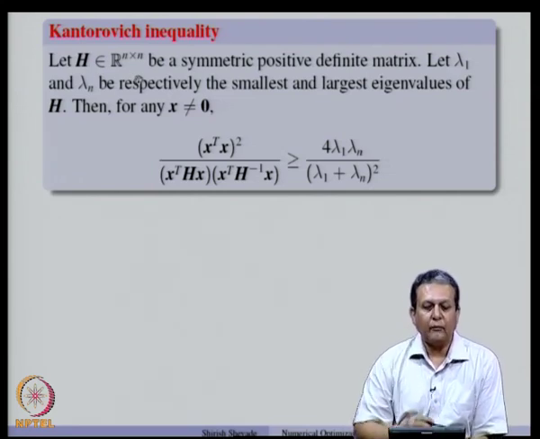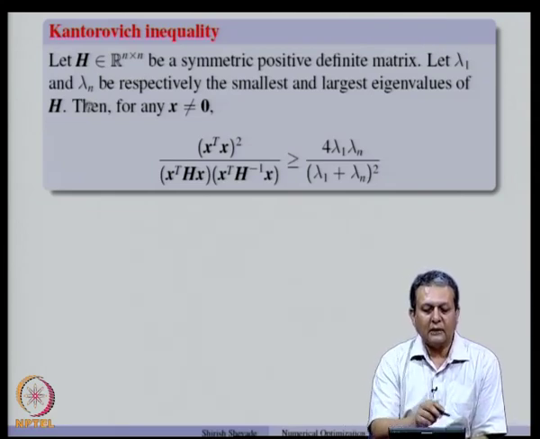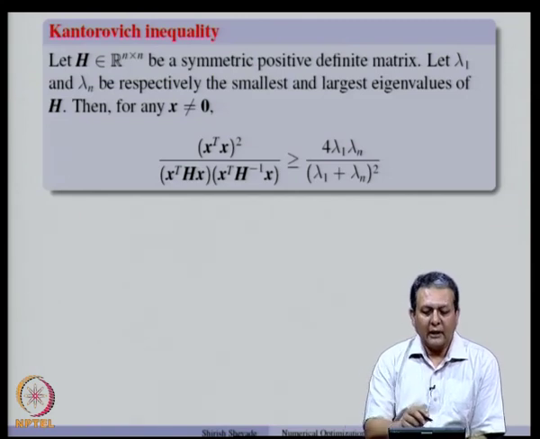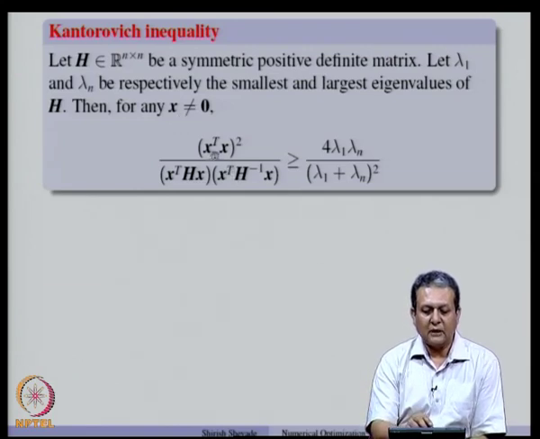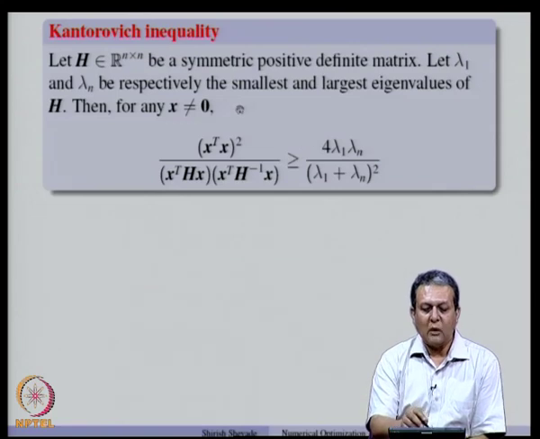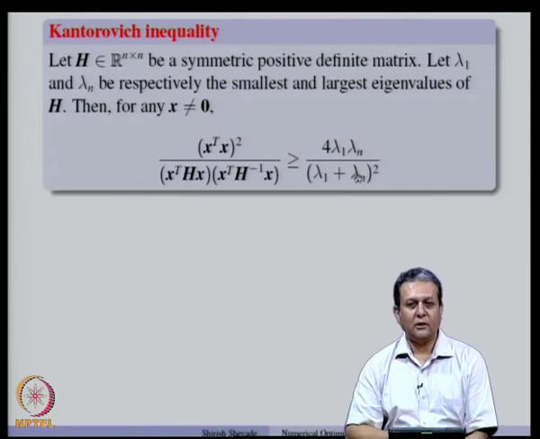Let H be a symmetric positive definite matrix, and let lambda_1 and lambda_n be respectively the smallest and largest eigenvalues of H. Then for any x which is non-zero, this inequality holds: (x transpose x) square divided by (x transpose H x) into (x transpose H inverse x) is greater than or equal to 4 lambda_1 lambda_n divided by (lambda_1 plus lambda_n) square.